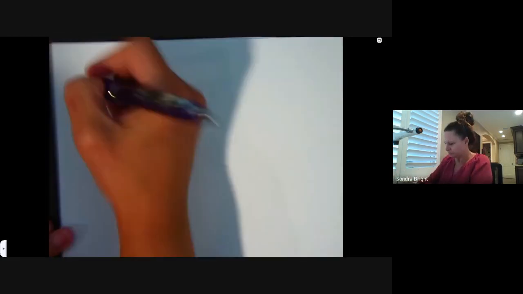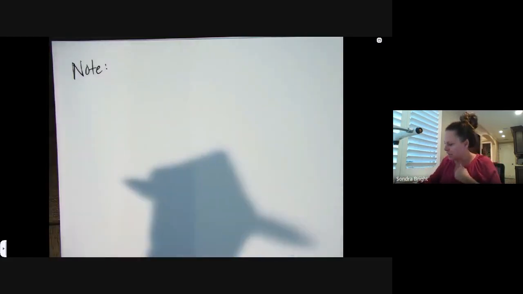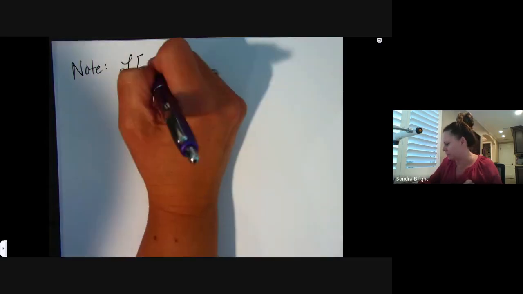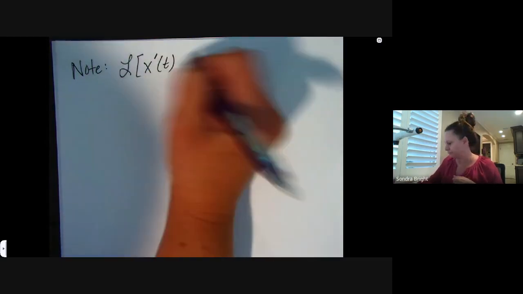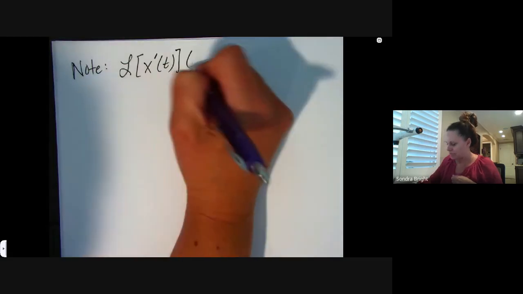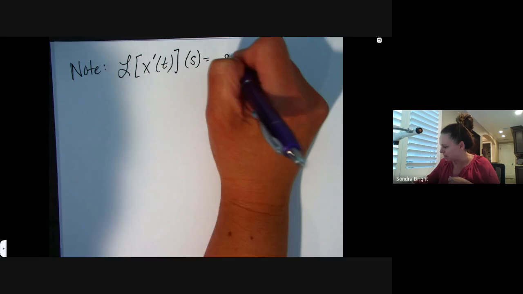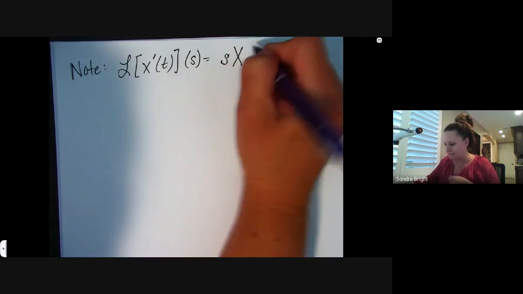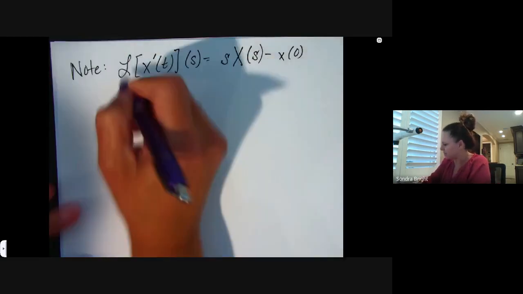First of all, I'm going to give you a note: if you take the Laplace transform of the derivative of x, it is equal to s times big X of s minus little x of 0. So that's what the note says.